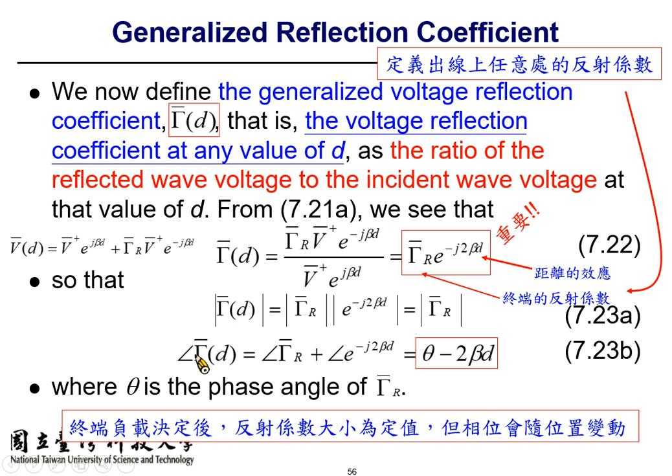So here is the reflection coefficient phase of gamma as a function of d. It can be expressed as the phase of gamma R plus the phase of this term, which turns out to be what?